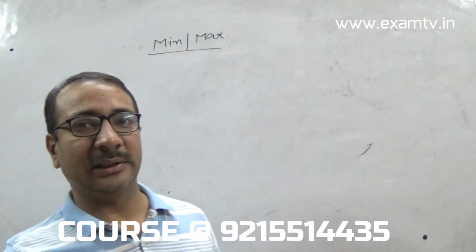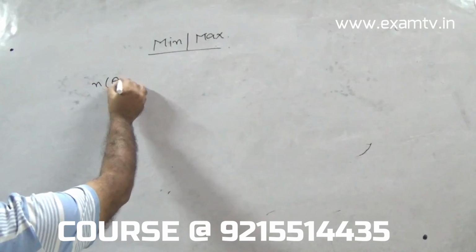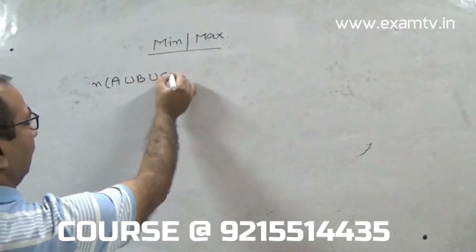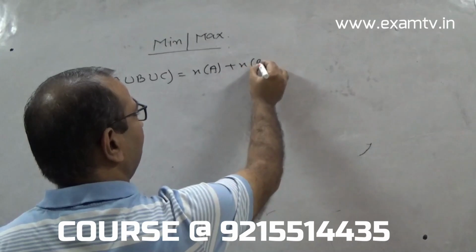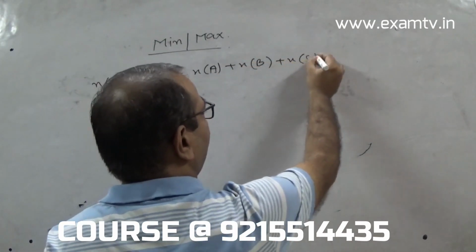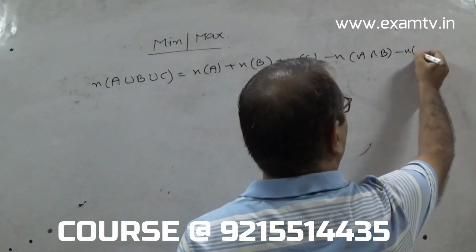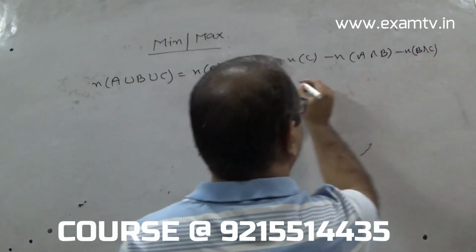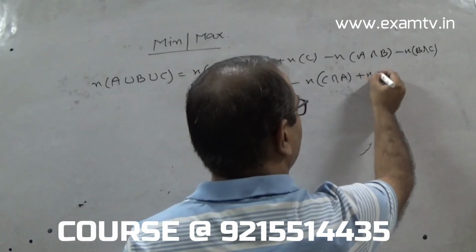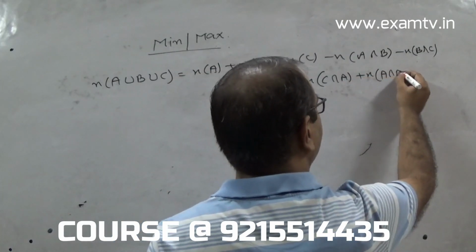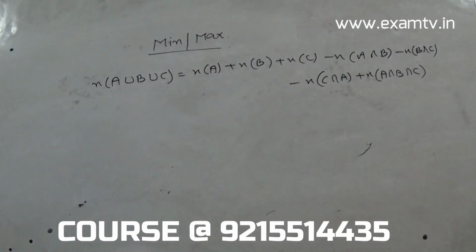The basic formula that must be known to you is that n of A union B union C is always equal to n of A plus n of B plus n of C minus n of A intersection B, minus n of B intersection C, minus n of C intersection A, plus n of A intersection B intersection C. This is the basic formula that we are expected to use.